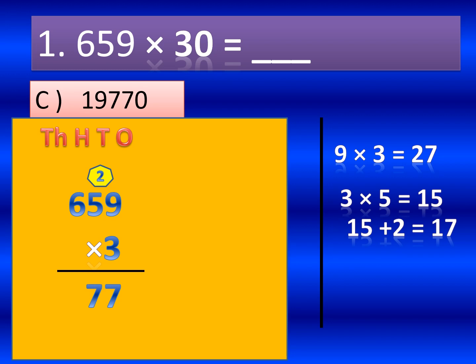From this, the 7 is to be written in the tens place. Now, the remaining carryover 1 is to be written in the hundreds place. To avoid the confusion, the previous carryover is to be cut.